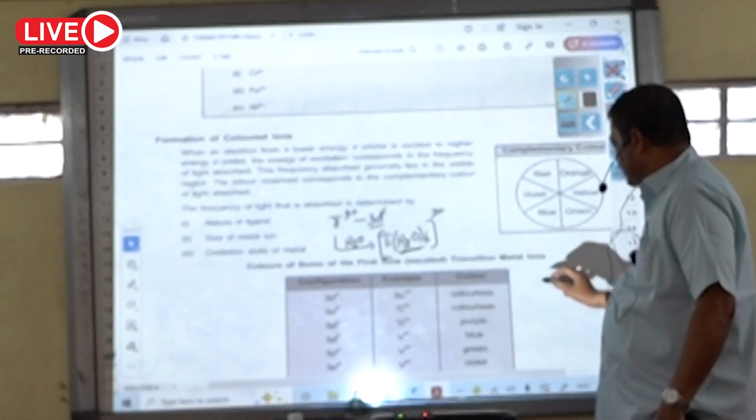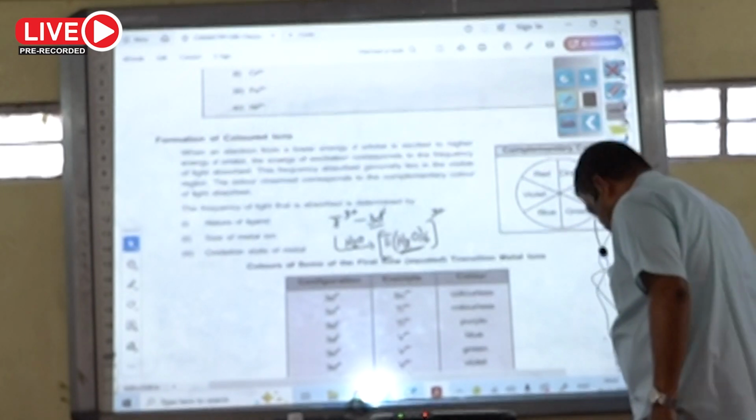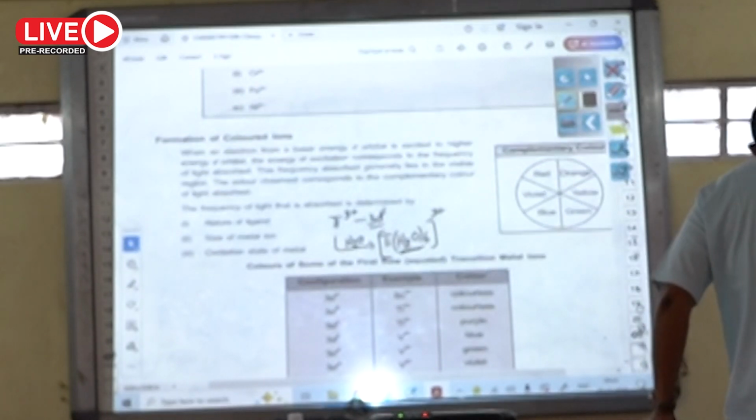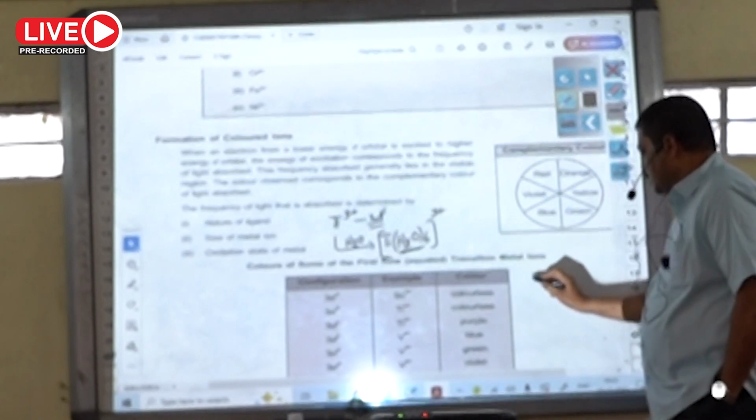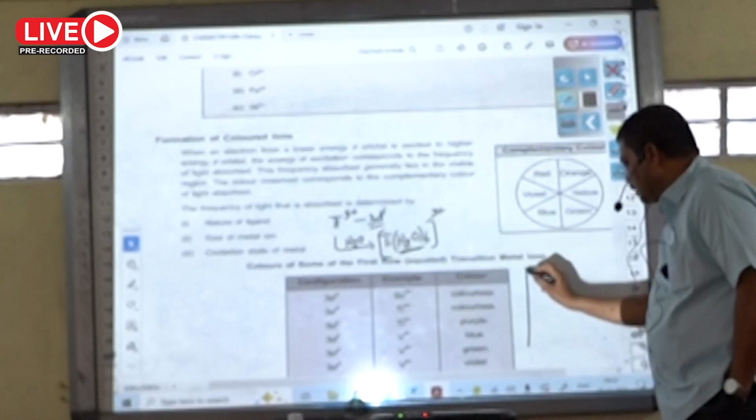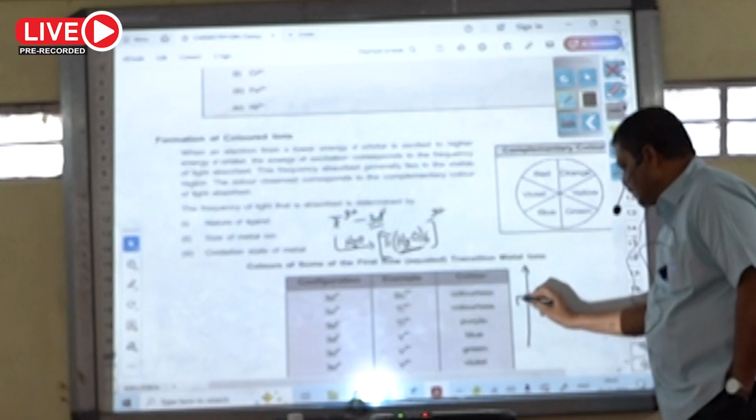Initially this unpaired d electron is present in one of the d orbitals.